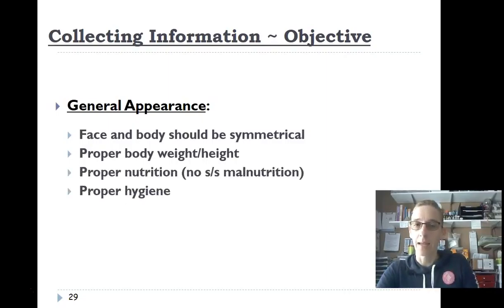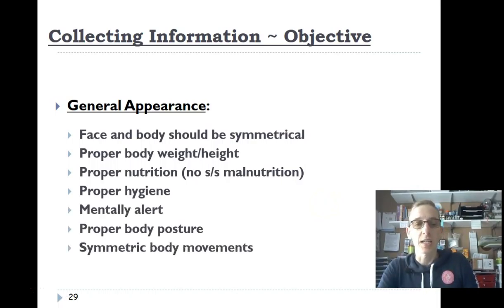Proper body weight and height, which you'll chart on a graph, given their height and weight, and see if it matches up, if they're in the 50th percentile, 90th percentile, 10th percentile. Proper nutrition, that there are no signs and symptoms of malnutrition. You're assessing for poor hygiene, that they're mentally alert, and that they have symmetric body movements, which in most every child will be fine, but you have to know this for that one child that's not going to meet all these criteria.